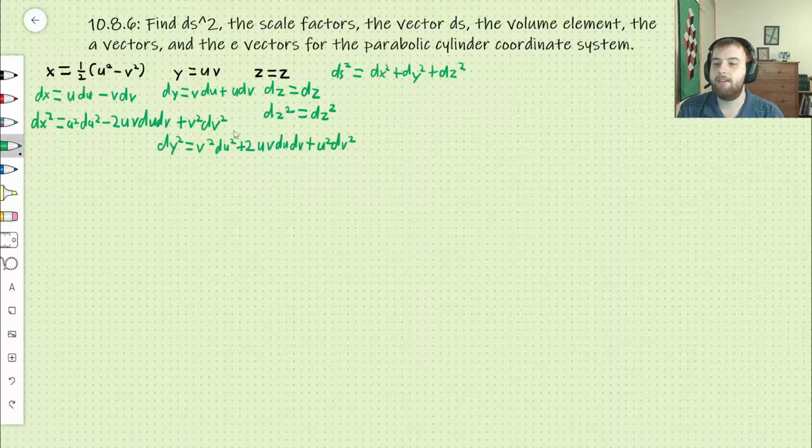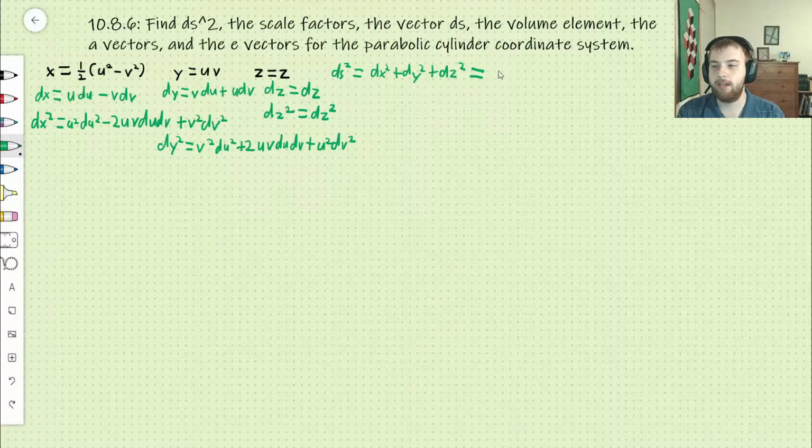Now that we have these components, we can put them all in our formula. This is all to get this in terms of our new coordinate system, so we can get rid of the dx's and the dy's, so that we can have it in terms of u, v, and z.